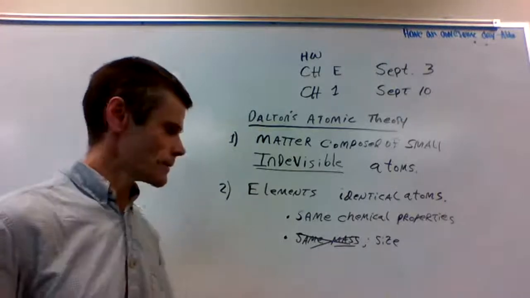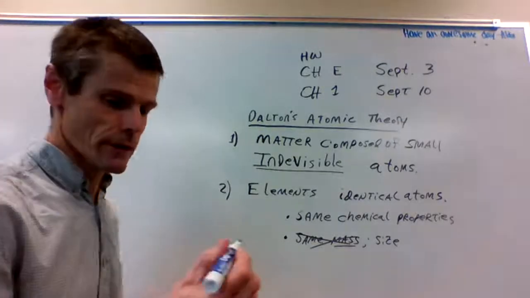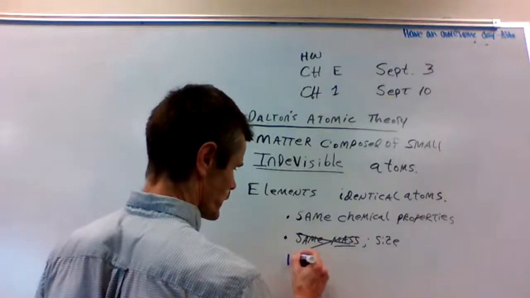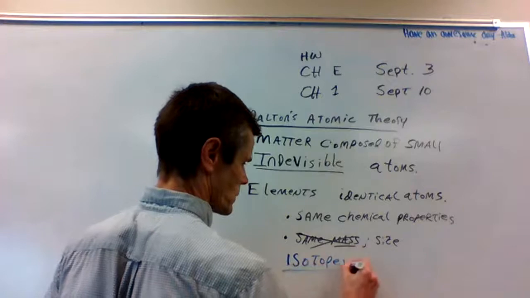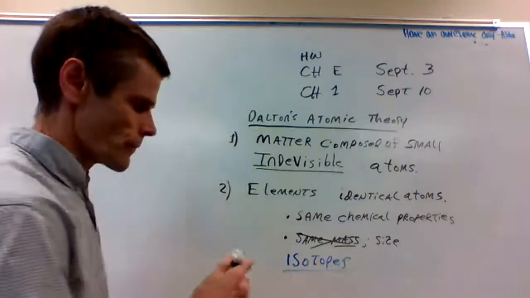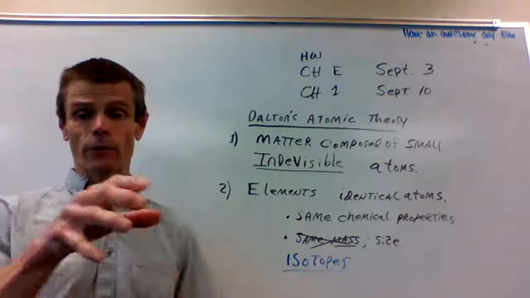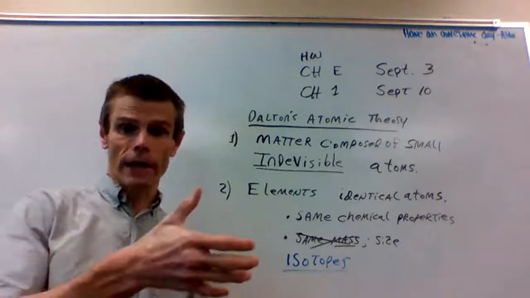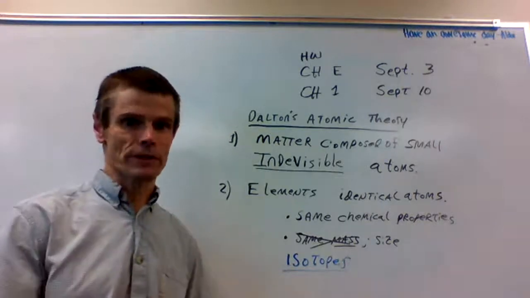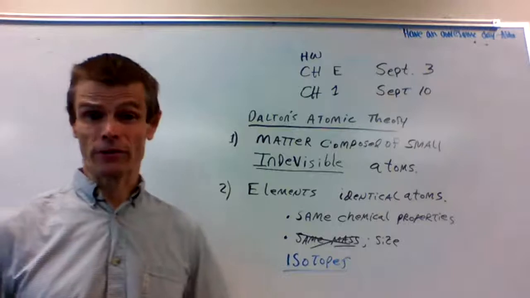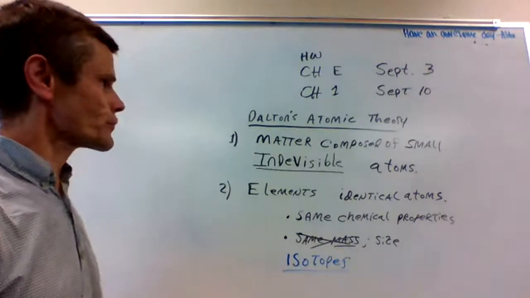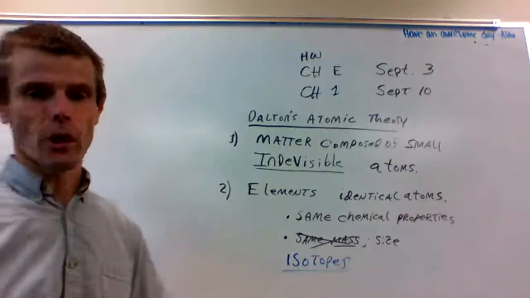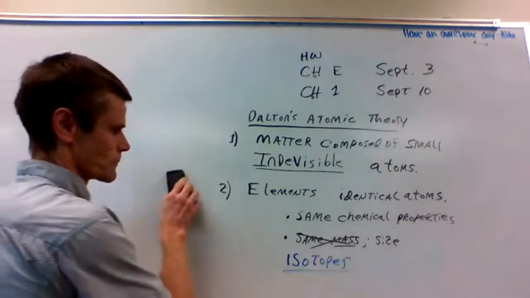The reason, as we're going to learn later in this chapter, is the existence of what we call isotopes. That is another fact that was discovered later in history. At Dalton's time, we didn't know about isotopes. He didn't know about isotopes. So those are the first two postulates of Dalton's atomic theory.